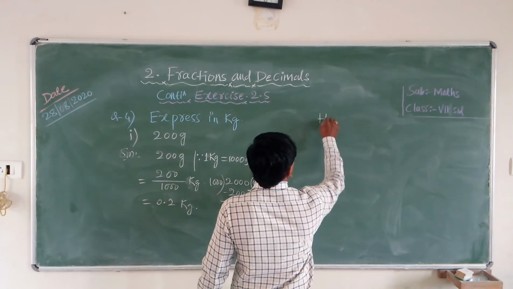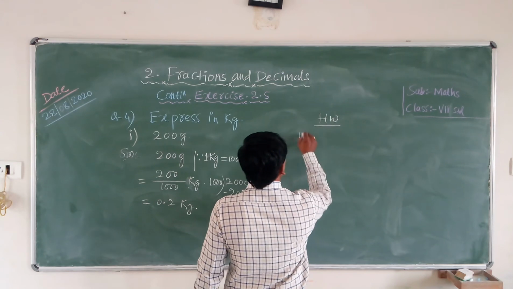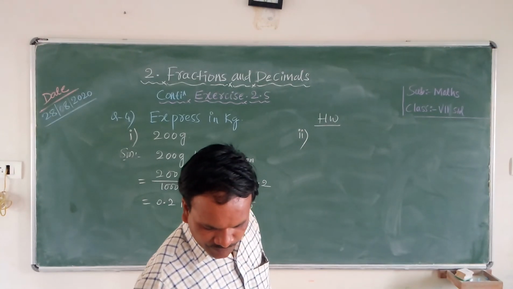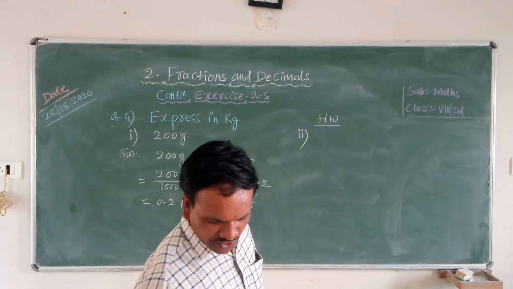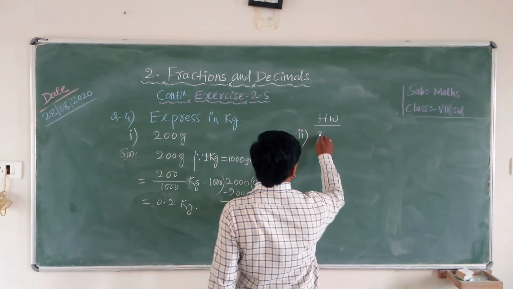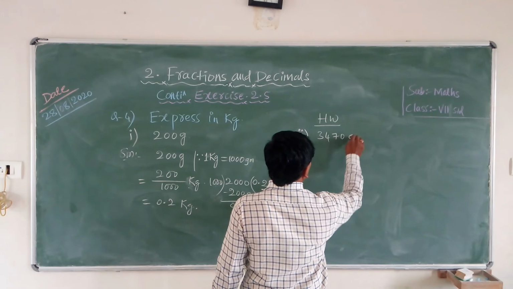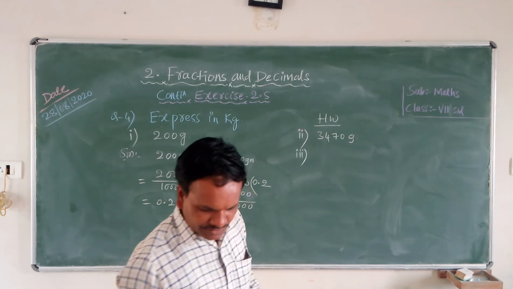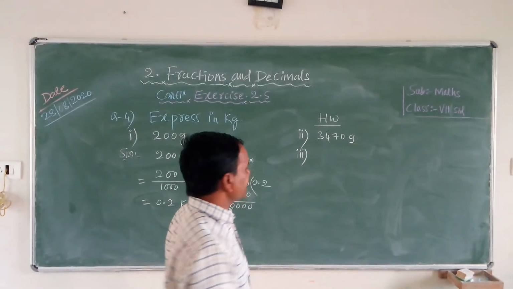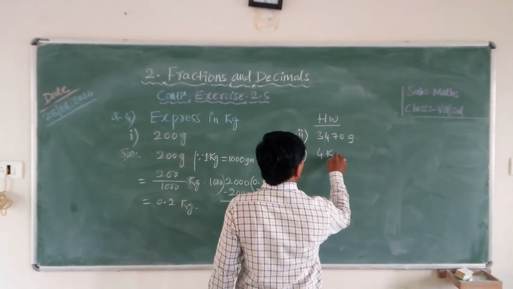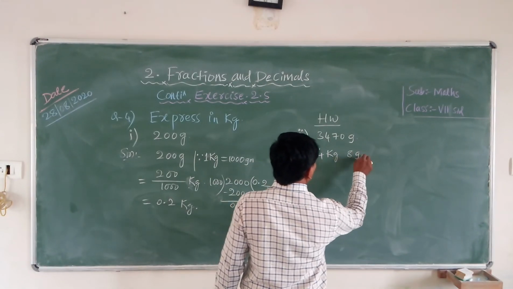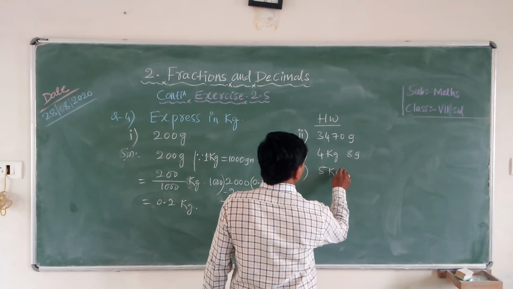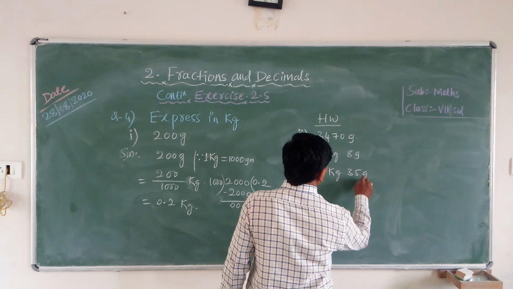Now the next ones, we have to do as homework. Second one: 3,470 gram. Third one: 4 kg 8 gram. Fourth one: 5 kg 35 gram.